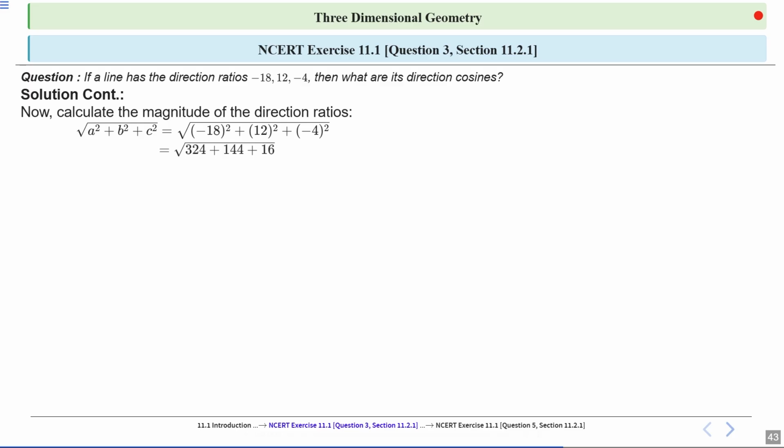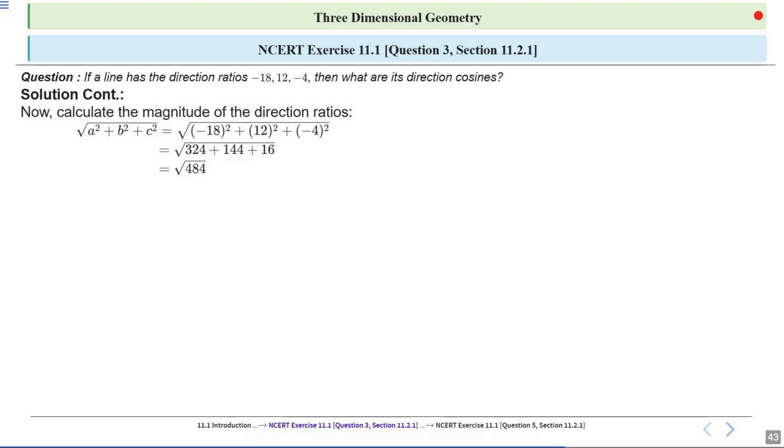Now, calculate each square. We get minus 18 whole square is 324, 12 square is 144 and minus 4 square is 16. So the sum inside the square root is 324 plus 144 plus 16. This equals square root of 484.